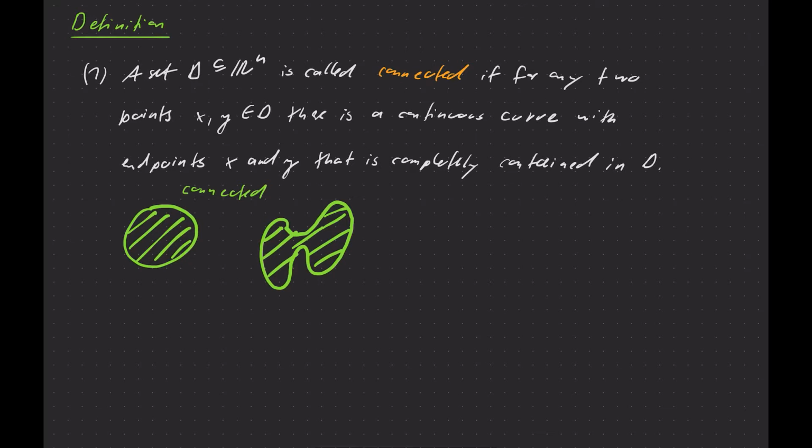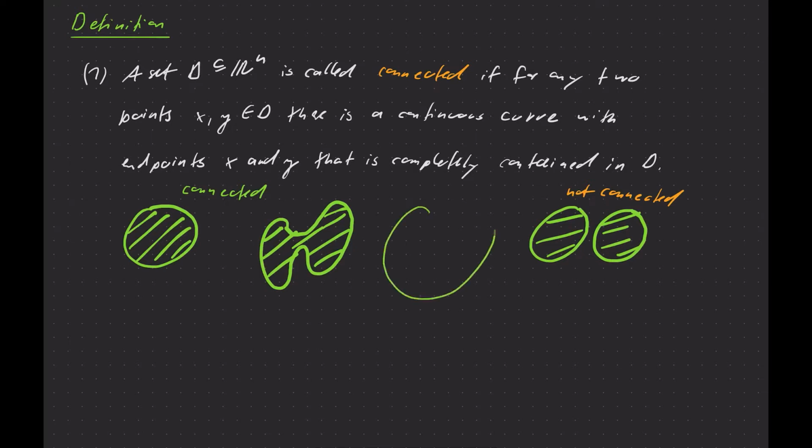On the other hand, a set like this will not be connected. Yeah? So those both parts make up the set D that is not connected. And of course, it's totally fine if the set has holes in it. Yeah, like for example, take a set like this here, and then cut a hole in it or two, so that the set that we're talking about is actually this here without the holes, right? So that's also connected.